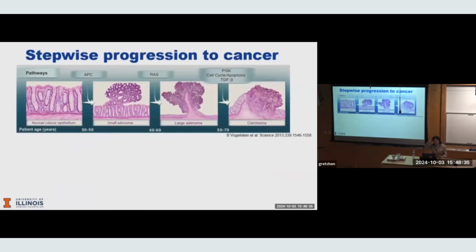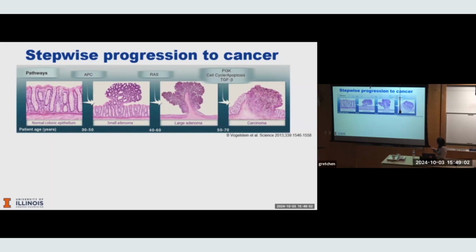Much of my research is motivated by the goal to understand how normal cells or normal tissue transform into cancer. This is a multi-step process, with 20 to 30 years of accumulation in most human cancers. That's a long window of opportunity for us to capture cancer before it becomes malignant.